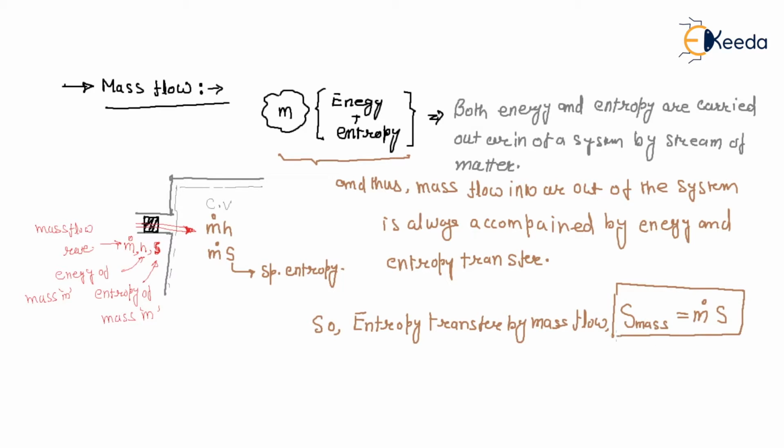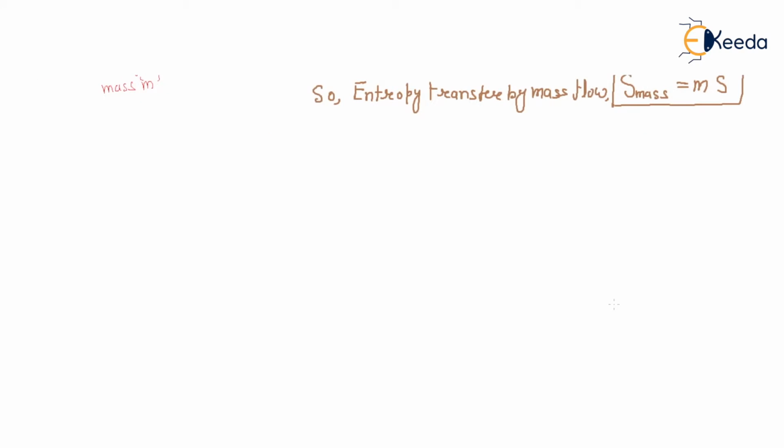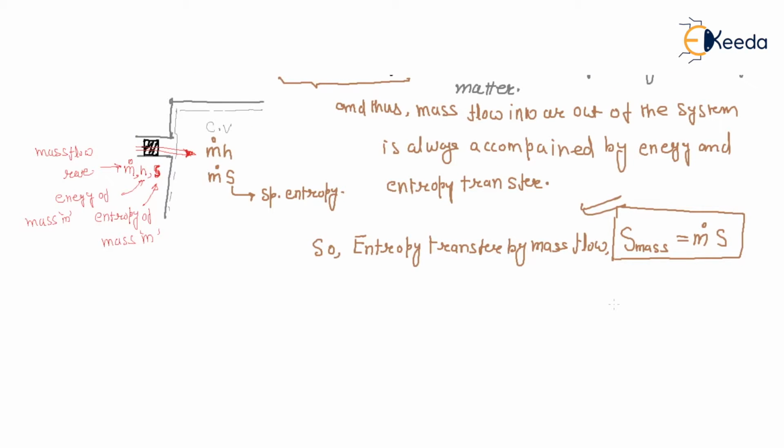Hence the entropy of the system, that is the control volume, is increased by this amount, m dot s, when mass flows in, and decreases by the same amount of entropy if the same amount of mass exits from the system. So this is your entropy transfer due to mass.